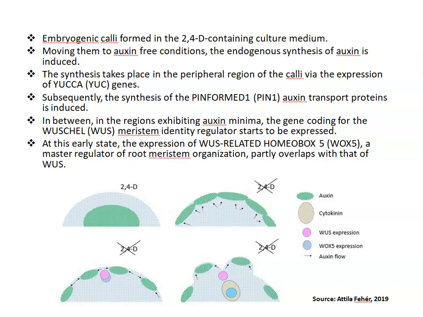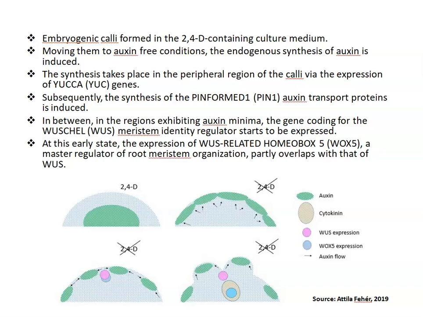So here we are taking the example of callus from Arabidopsis thaliana. Embryogenic calli are formed in 2,4-D containing culture medium. When they are moved to auxin-free conditions, the endogenous synthesis of auxin is induced.